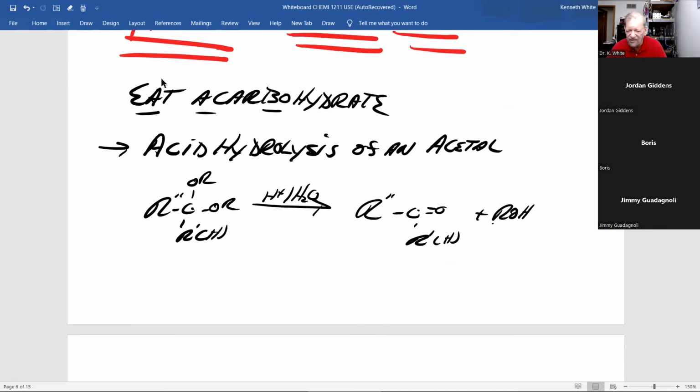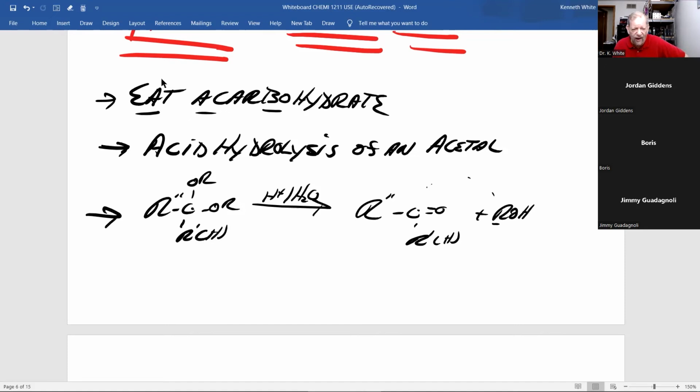This alcohol is connected here in glucose, but you don't have to put that down. So you should know when you eat a carbohydrate, how to describe it with words and a general reaction, and that's acid hydrolysis of an acetal. Here's the general reaction, which you should know on a test.